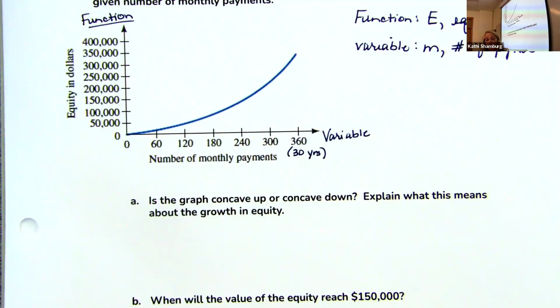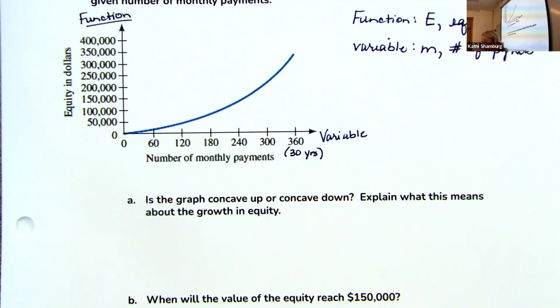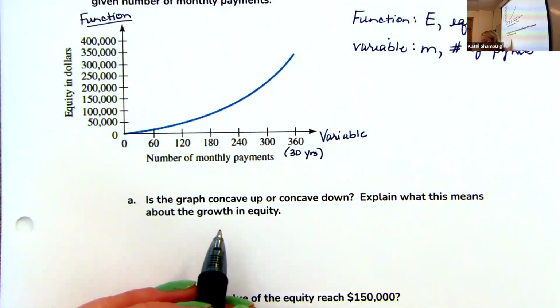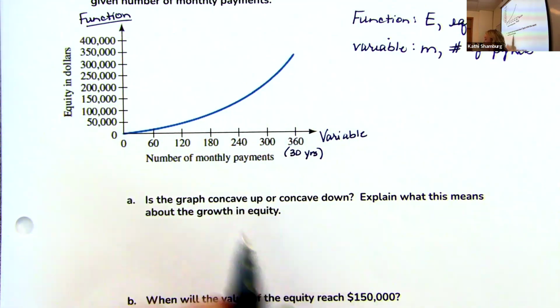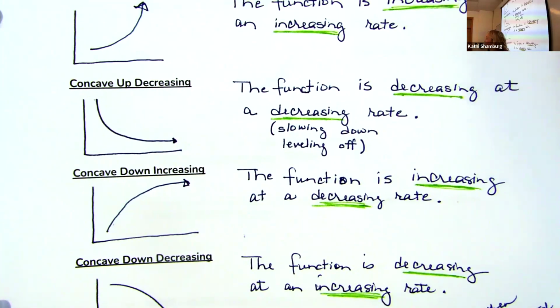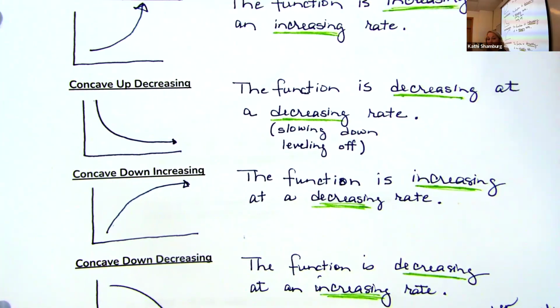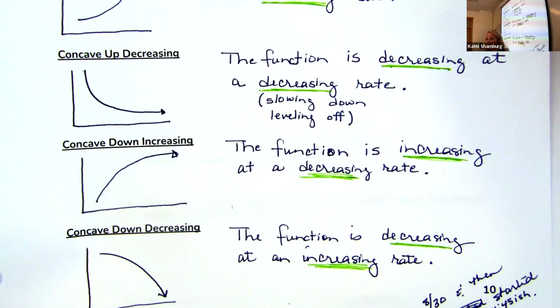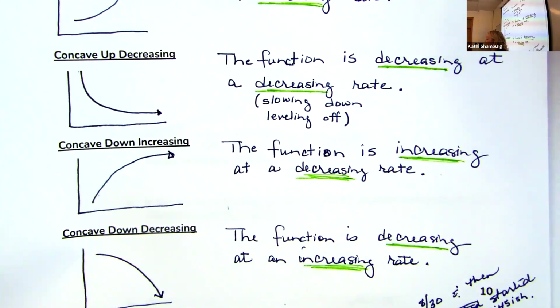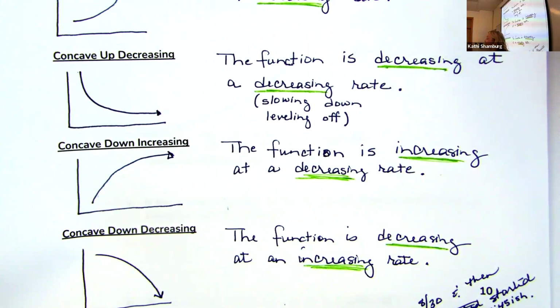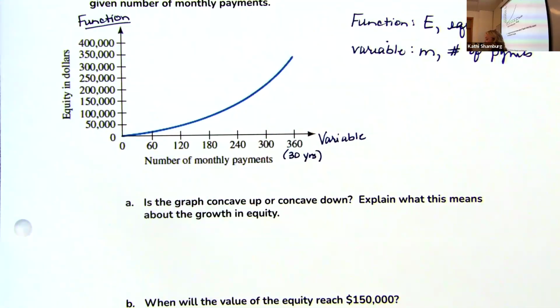All right, so in this section of the unit, we are talking about concavity. If you need to pull out page 10, we talked about this last week, and now we're going to be applying the importance of being able to decipher what the concavity tells us.